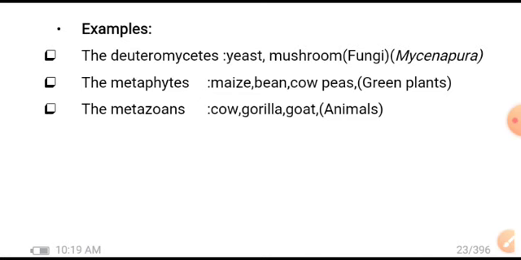And there are the metazoa, which include cows, gorillas, goats, and in general animals. So these are examples of eukaryotes, in three classes: the deuteromycetes, the metaphytes, and the metazoans. Metaphytes are green plants, metazoans are animals, and deuteromycetes are fungi.